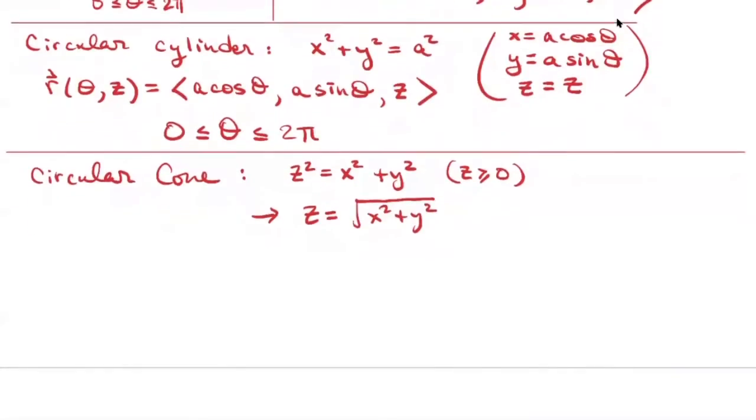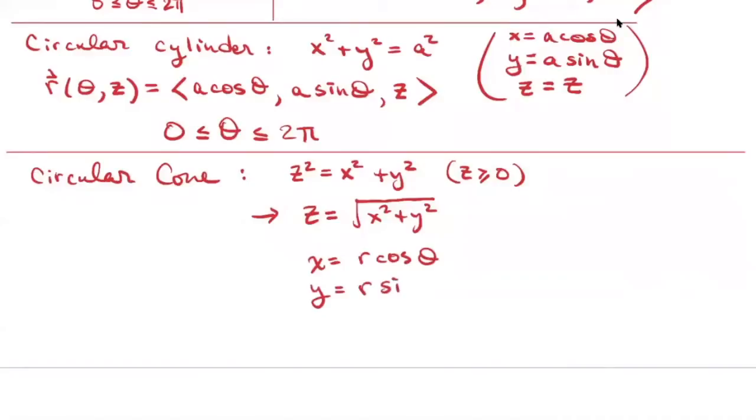And you could say, one parameterization is just that x is x, y is y, and z is the square root of x squared plus y squared. That would work fine. It might be easier to use polar coordinates here as well. So then you would say that x would be r cos theta, and y would be r sine theta.